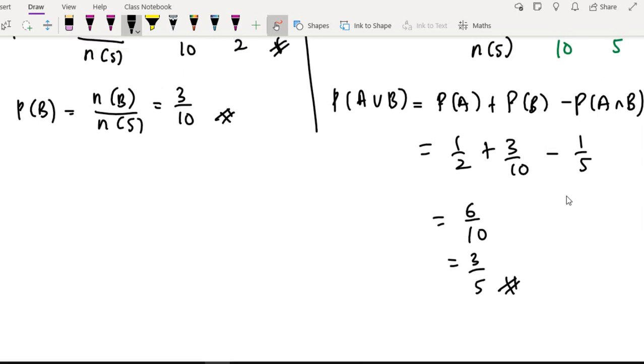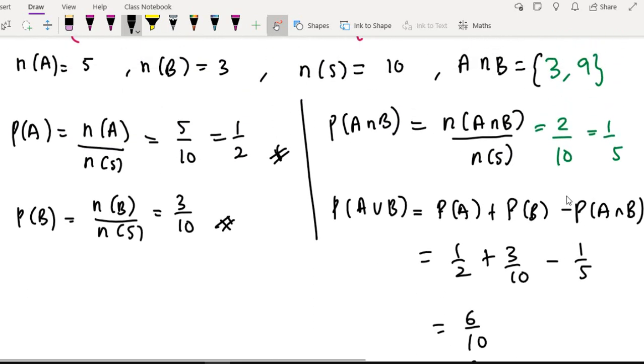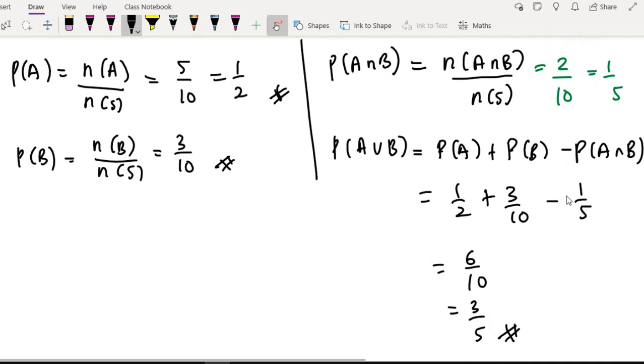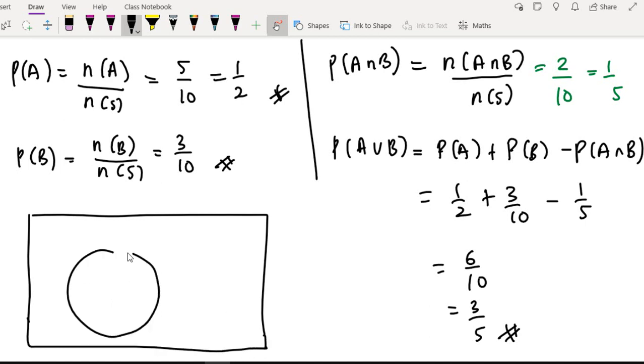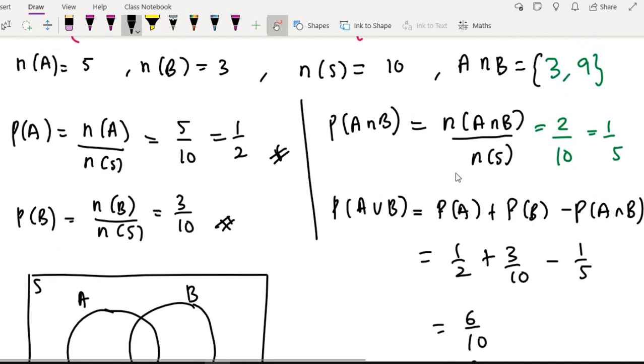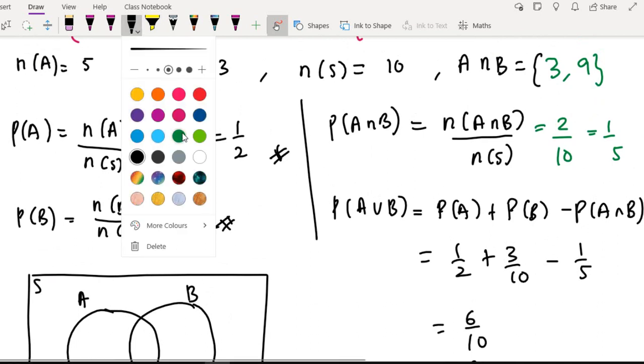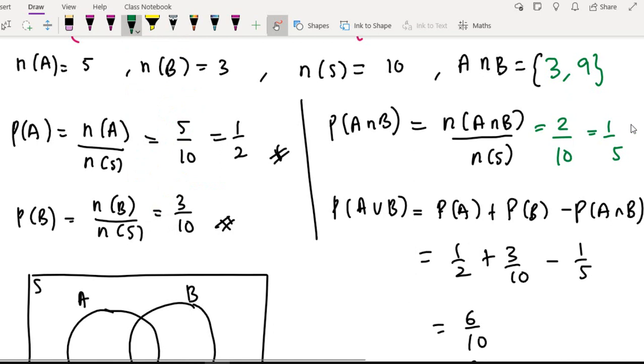Besides using calculation, we still can use a Venn diagram to solve the problem. A intersect B is equal to 3, 9.